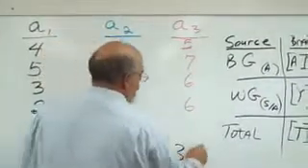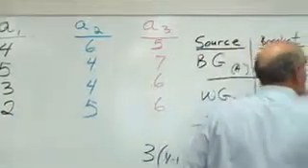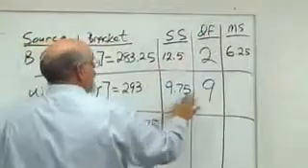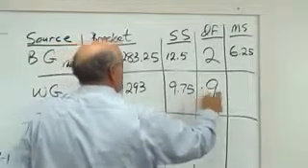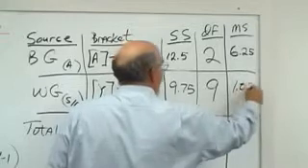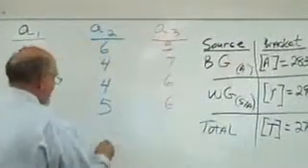So that's 3 times 4 minus 1, which is 3 times 3. That's 9. And then the mean square of this is the sum of squares divided by the degrees of freedom, and that comes out to be 1.08 roughly.